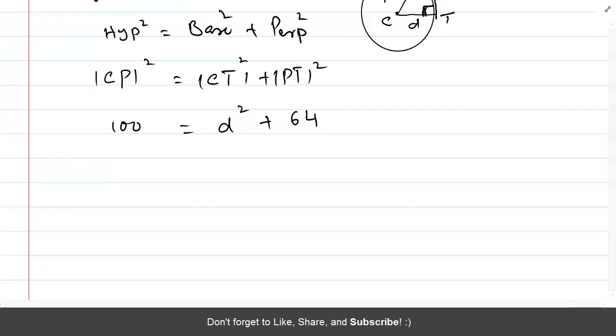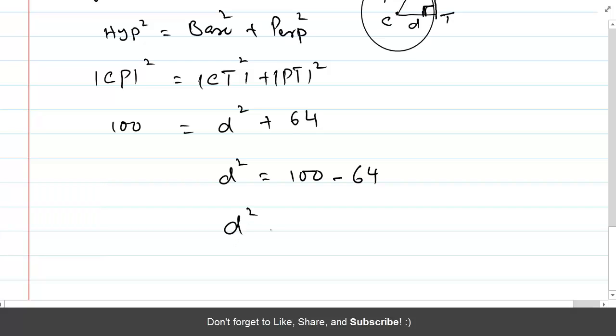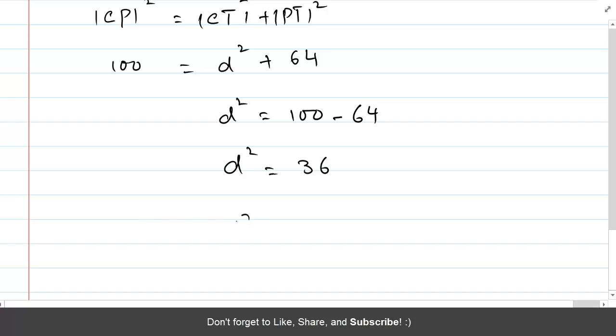Now it's simply solving for D square. D square would be equal to 100 minus 64. Therefore, D square is equal to 36, and D would be equal to 6.